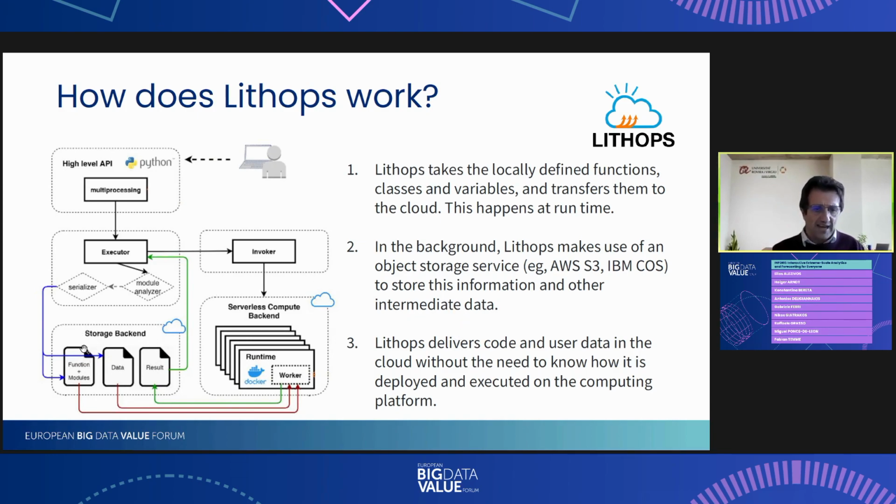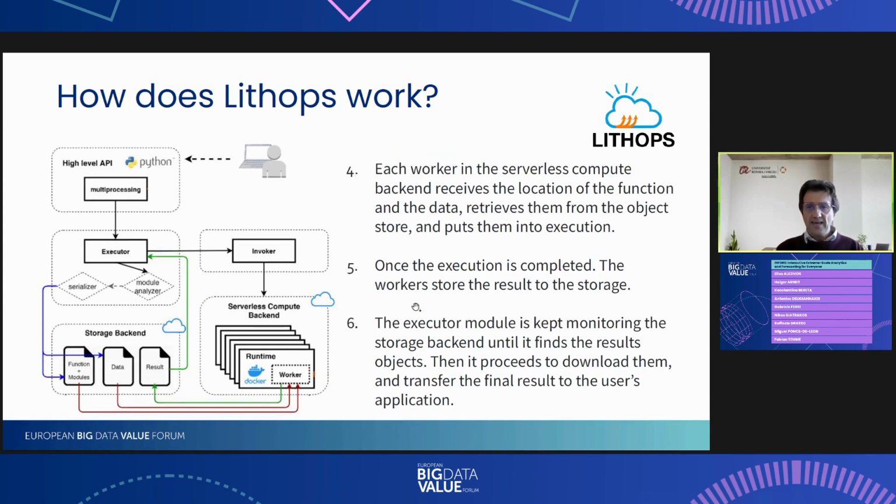We have a storage backend, which is the object storage, and a compute backend, which is the serverless functions or the container infrastructure that you are using. Then each serverless worker receives the location of the data, retrieves it, and executes it. When the execution is completed, the workers store the result, and the executor module, the Lithops runner, obtains the final results that you need. So this is the overall architecture of Lithops, which is transparent to you because you only see a Python notebook.